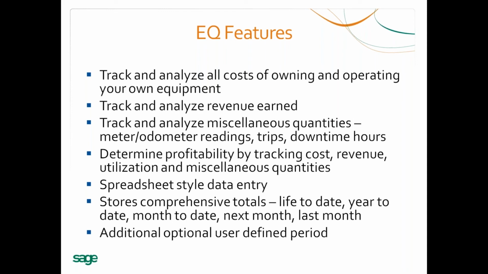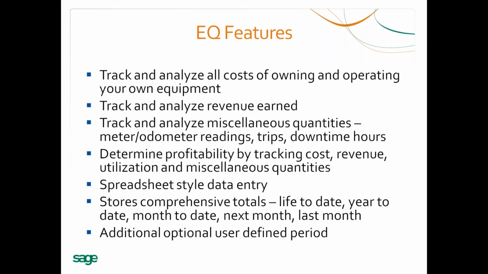It's meant to track things like pavers and dump trucks, and cars and pickups can be included in that as well. We can also set up and track miscellaneous quantities, so something that is outside of cost or revenue that you need to track for reporting purposes.